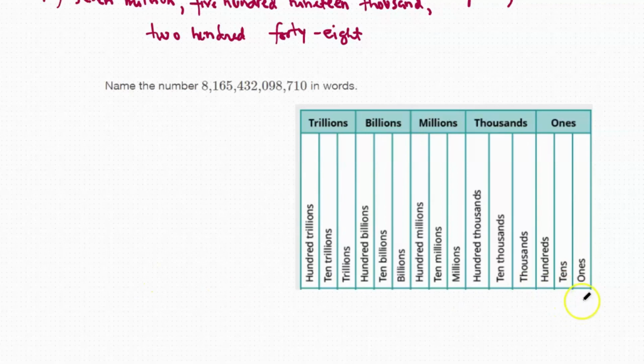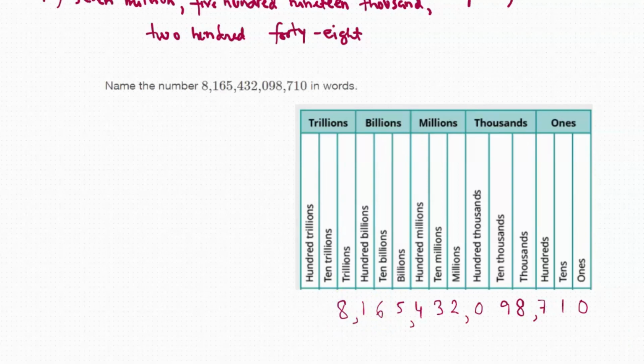So we have 0, 1, 7, 8, 9, 0, again comma, we have 2, 3, 4, again comma, we have 5, 6, 1, again comma, we have 8. Now this is a really big number.